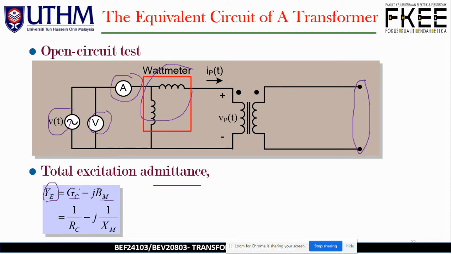GC is a conductance, here the conductance of the core loss resistor. How about BM? This is the susceptance of the magnetizing inductor. The susceptance over here is the imaginary part of the admittance. Admittance, if we write it in simple form, is 1 over Z.